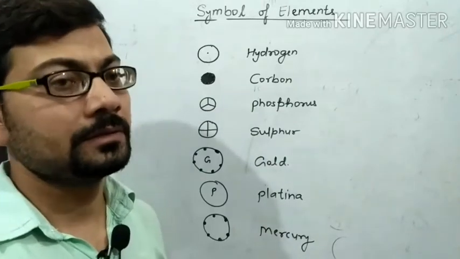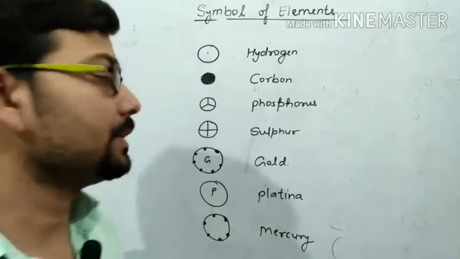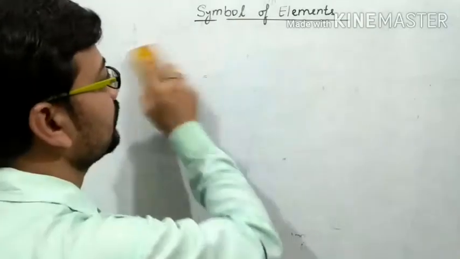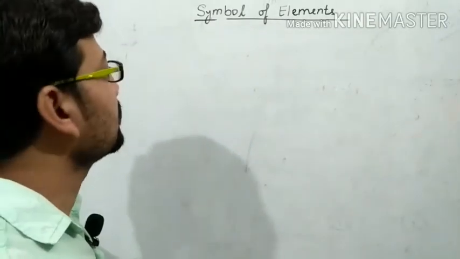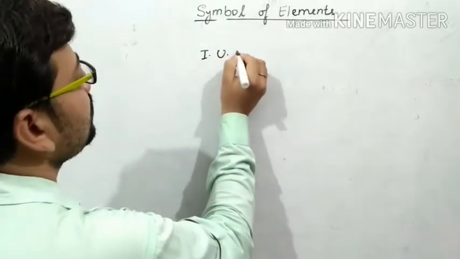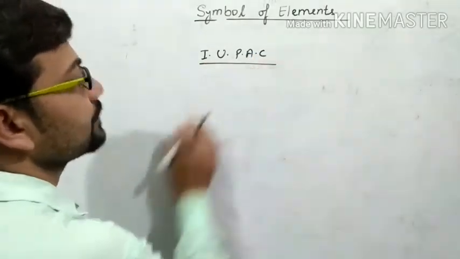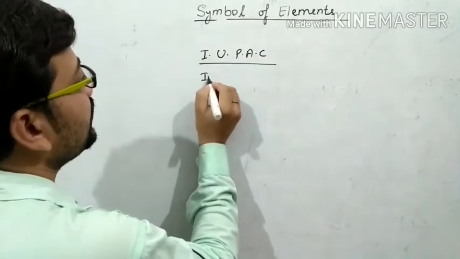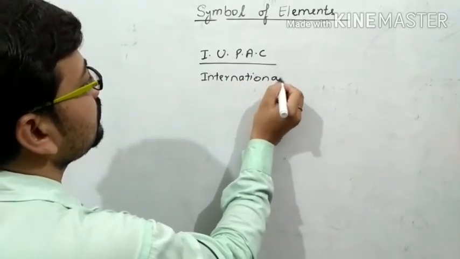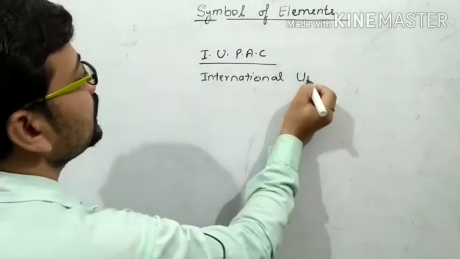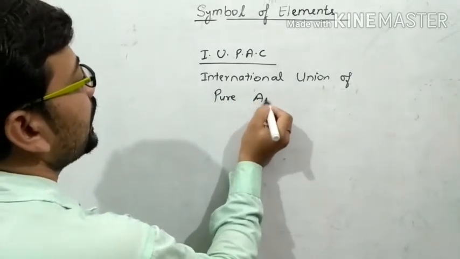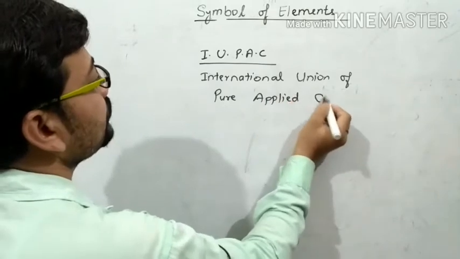What is the IUPAC? Firstly, you should know what IUPAC is. IUPAC stands for International Union of Pure and Applied Chemistry.